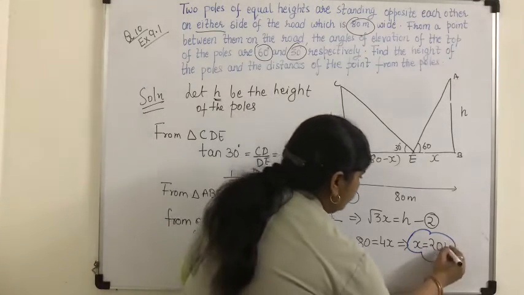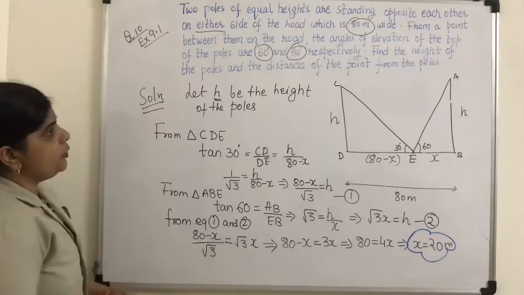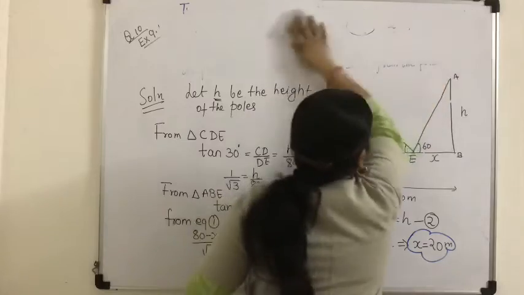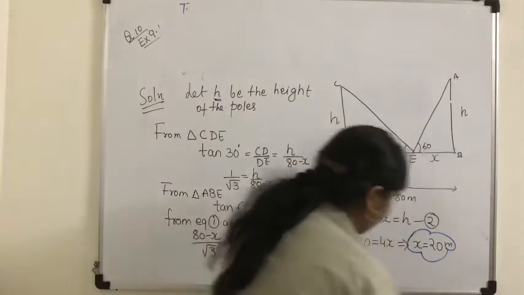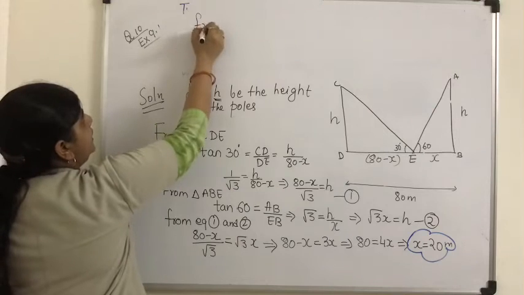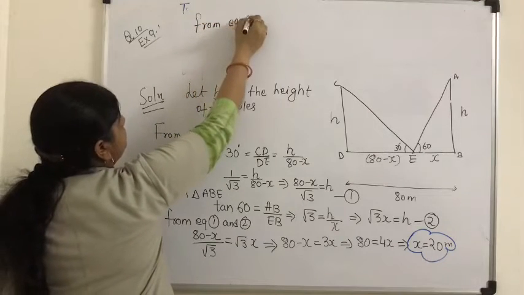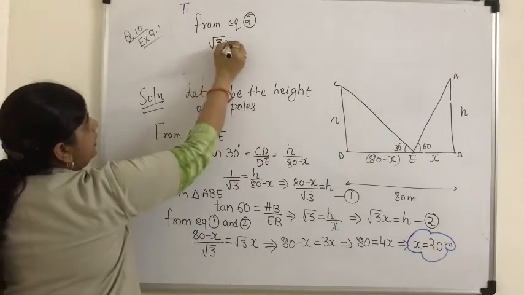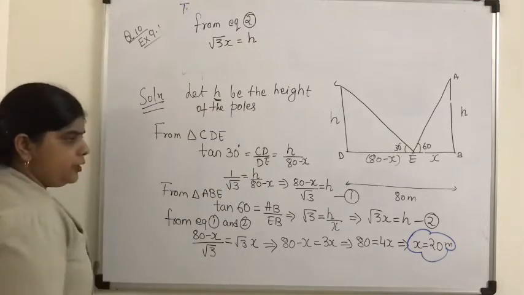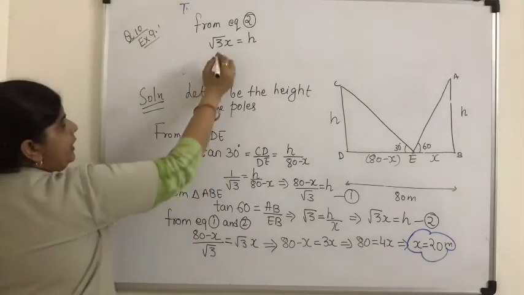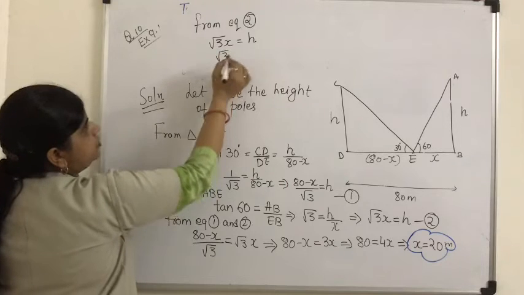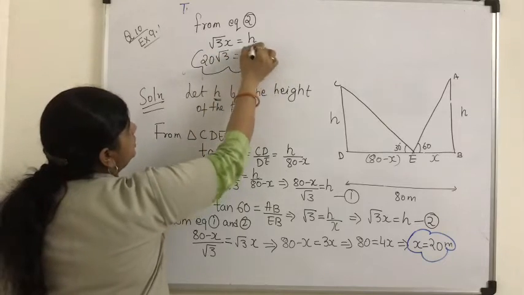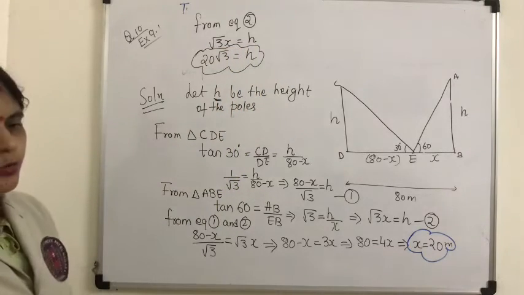So from equation 2, I can write root 3x is equal to h. Now we have already found the value of x, x is 20. So value of h is 20 root 3, right?